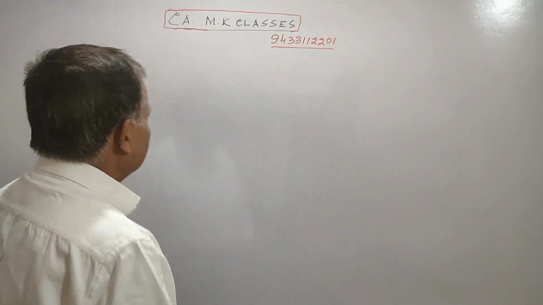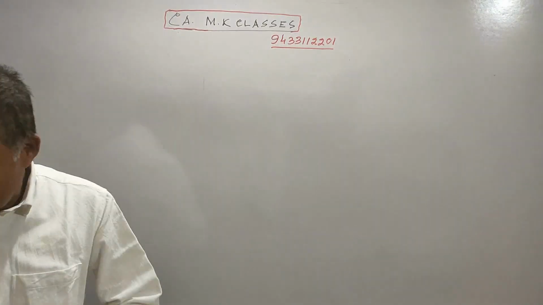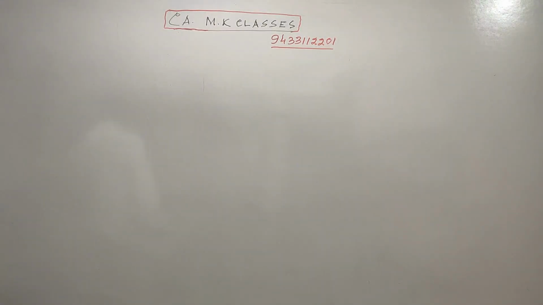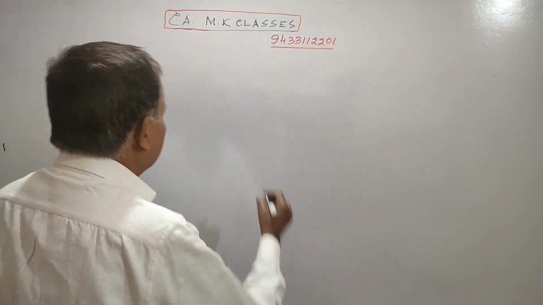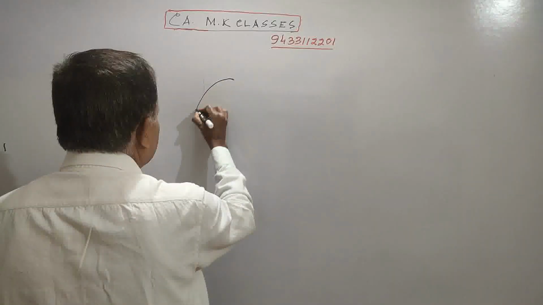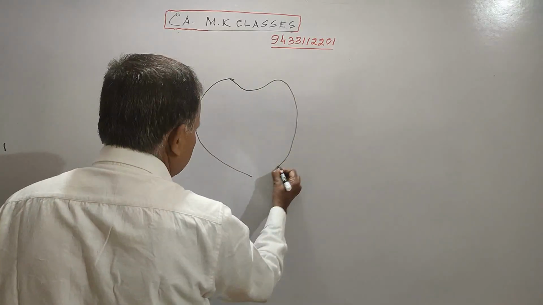First I would like to tell you what the flow of cash is, how the money is going in and going out. So let us take the shape of a human heart.